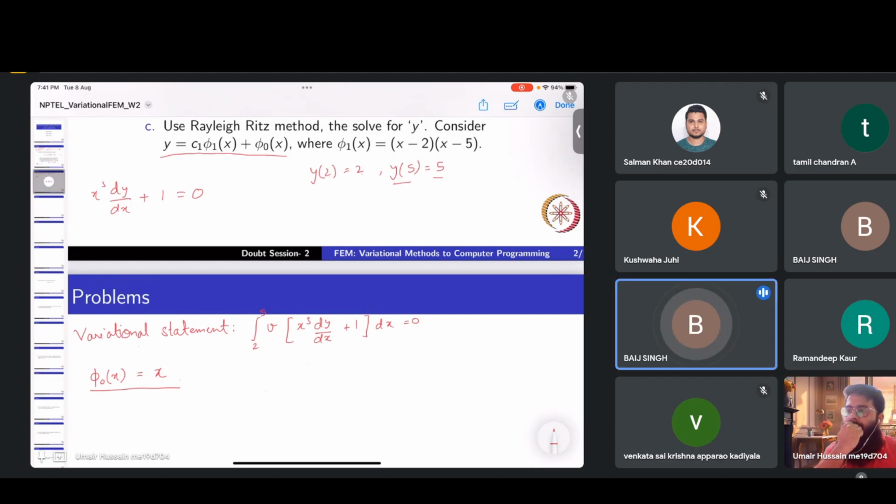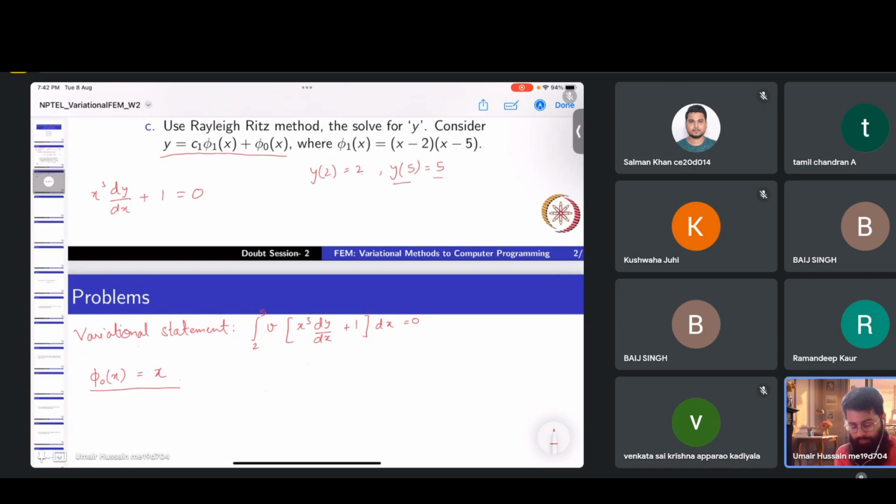As per the lecture, it was said that you have to consider both boundary conditions for phi naught. But phi one should be chosen in such a way that whenever x equals 2, phi one would be 0, and whenever x equals 5, phi one would again be 0. So phi one wouldn't contribute to satisfying the boundary condition for phi naught, isn't it?